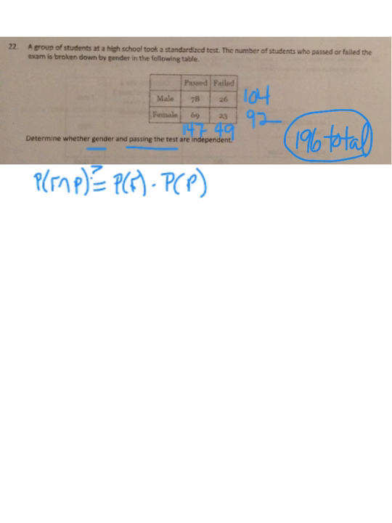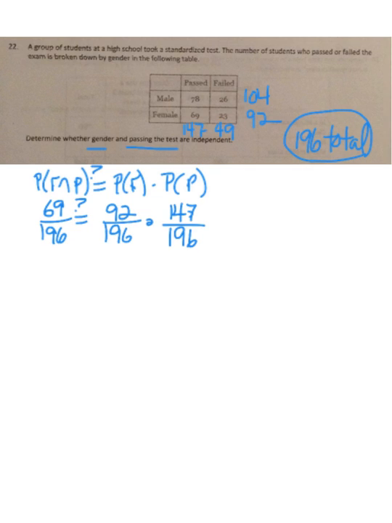So the probability of female and passing would be 69 out of a total of 196 students. All right, so then let's look at the probability of female, which is the total number of females, 92 out of 196, times the probability of them passing, which would be 147 out of the entire total, which is 196. And again, I'm not sure whether they're independent, so I'm going to put a question mark over my equal sign.